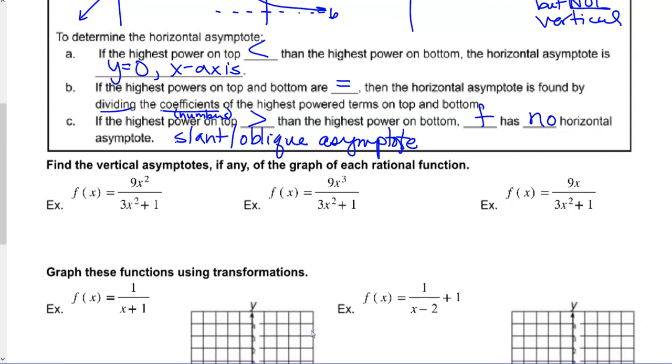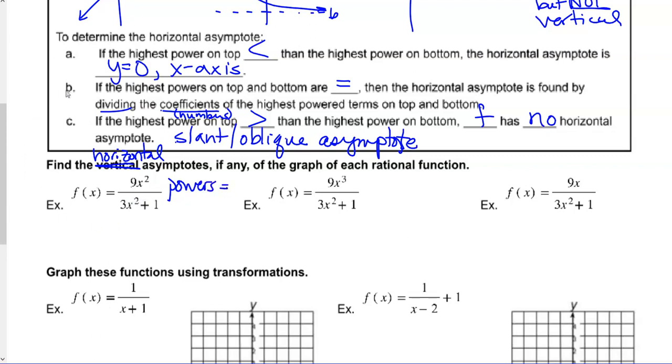All right, so we're going to find the horizontal asymptotes, if any, of the graph of each rational function. I just noticed that was incorrect. Here, we're designating the power on top and the power on bottom. So here, our powers are equal.